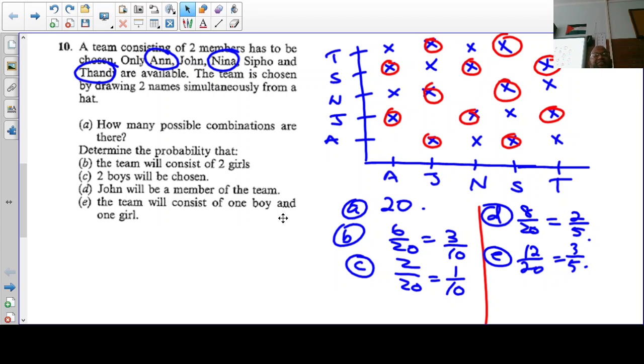Looking at this question now and comparing the memo to this, I've realized I made a mistake. All these answers are the answers for question 11, because I look at the difference in what the question is asking in 10 as opposed to 11.